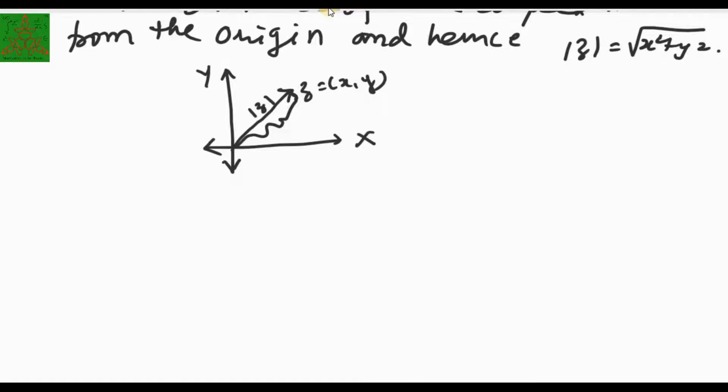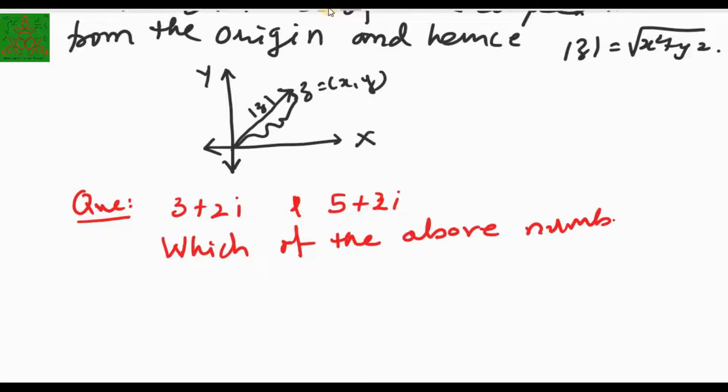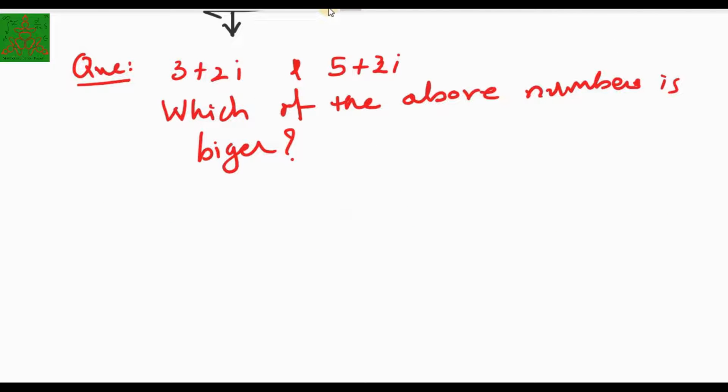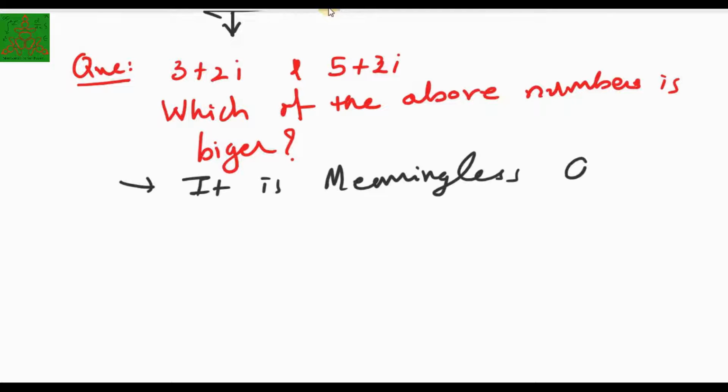Now another question I would like to ask: if I give you two numbers, 3 plus 2i and 5 plus 2i, which of the above numbers is bigger? What is your answer? The answer you can give is that it is a meaningless question. We will write a note here. Why? Because two complex numbers are in the plane, they are two line segments, and you cannot compare them. Or if you have two vectors, you cannot say which vector is bigger.